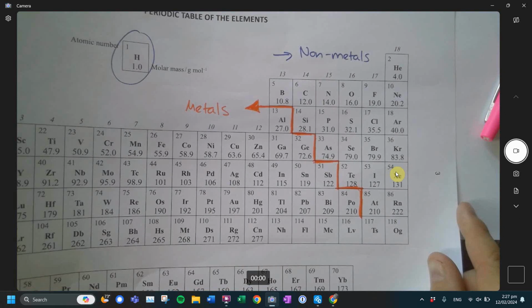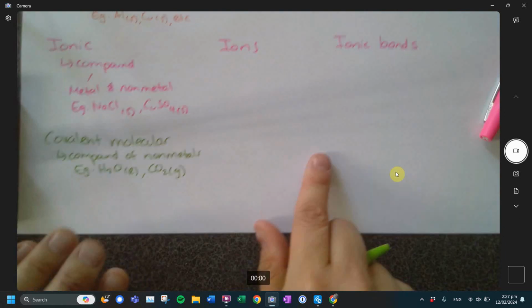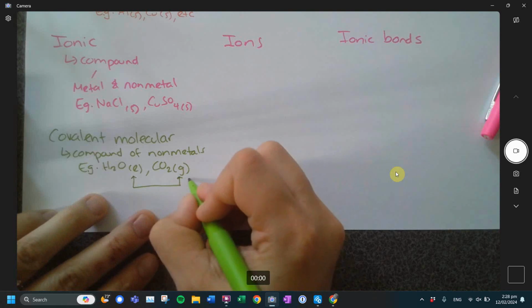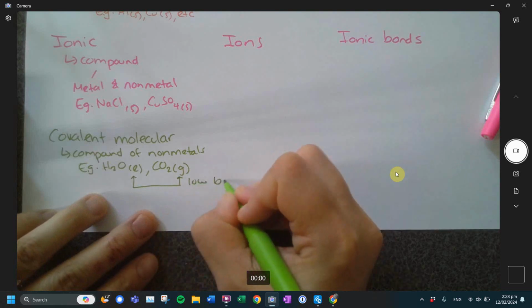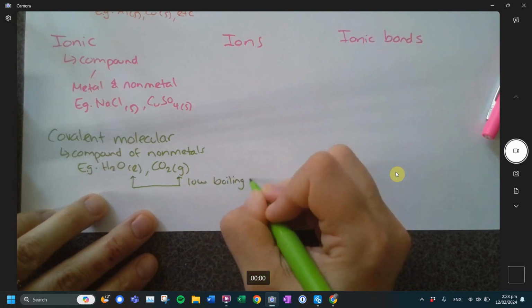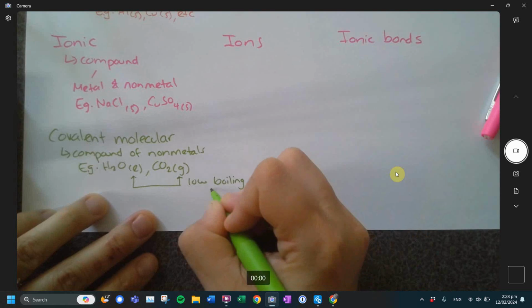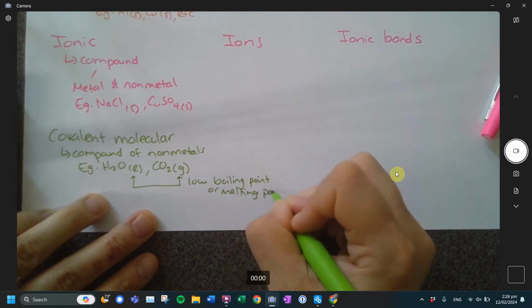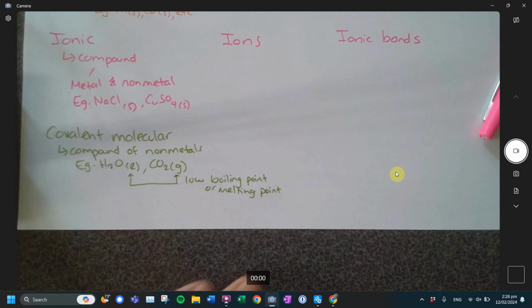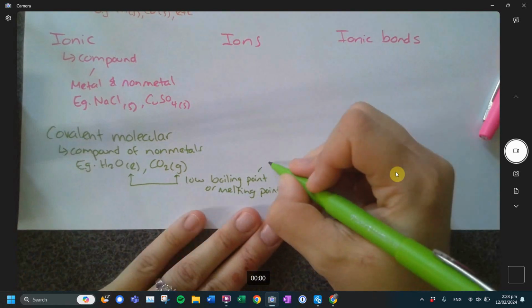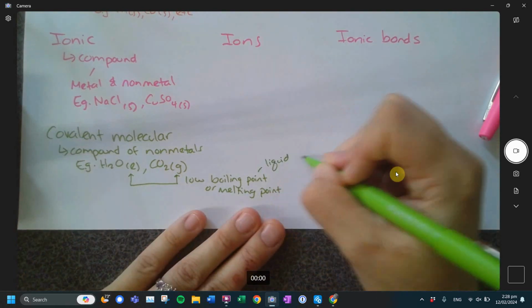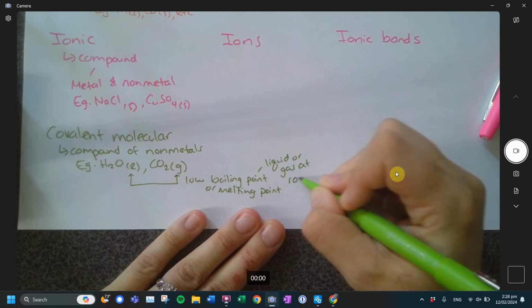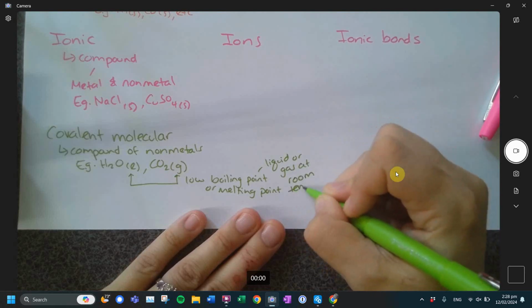Again, all nonmetals. Now the trick to finding these is that we are looking for things with a low boiling point or melting point. The other way we can tell this is that it is a liquid or gas at room temperature.